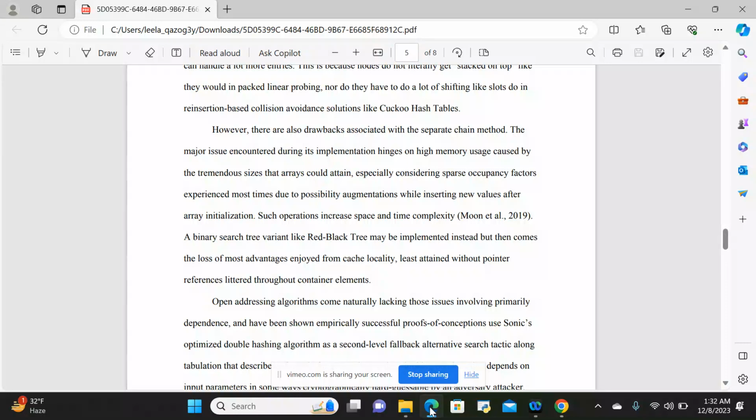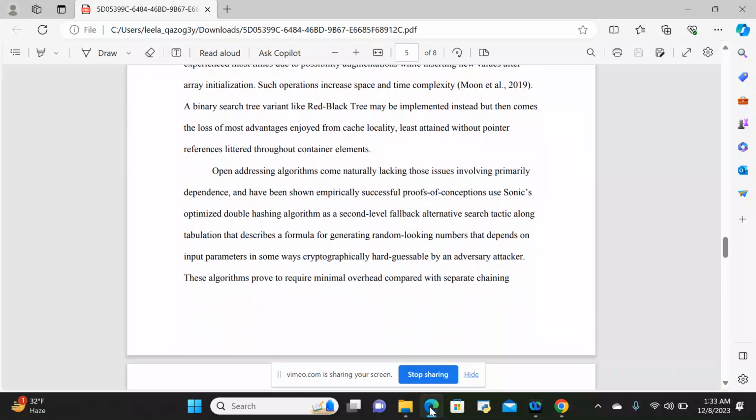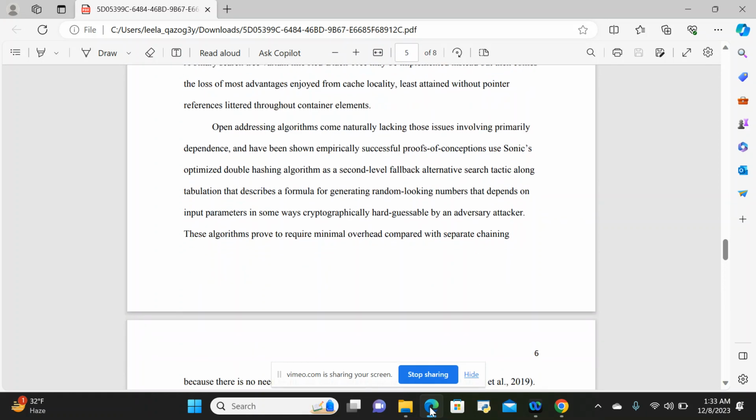Factors such as expected node counts and time to the implementation algorithms affect performance, since inserting new values after array initialization operates in a space of time complexity. A binary search tree, or a variant like a red-black tree, may be implemented, but this comes with the disadvantage of pointer references.